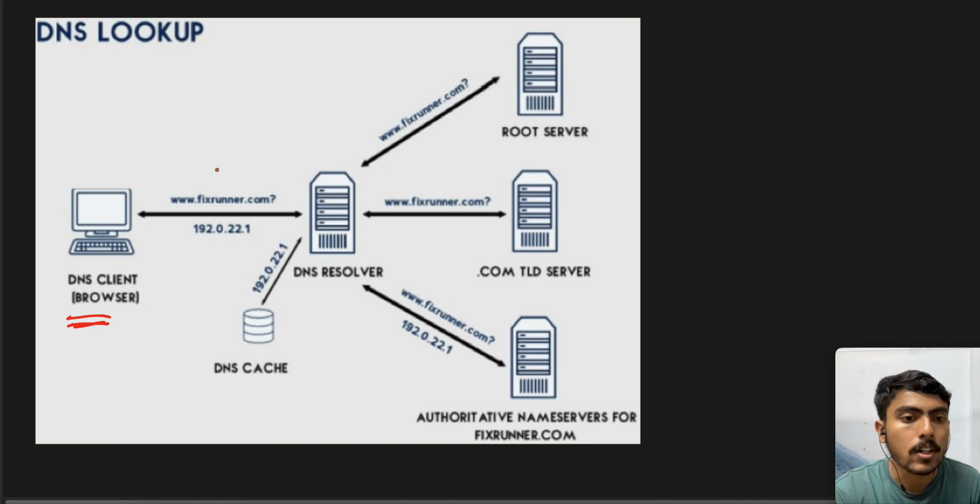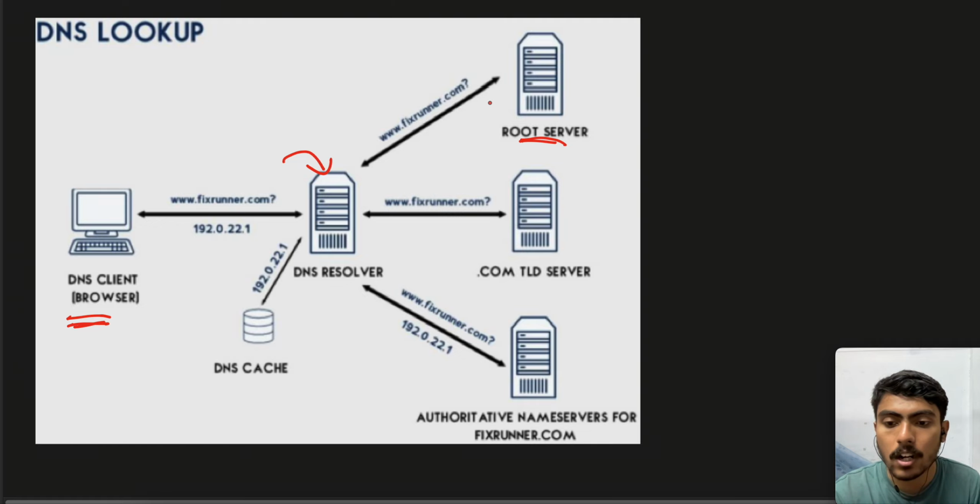We need fixrunner.com, and we will ask it to the DNS resolver. So what will happen is this DNS resolver will send this to the root server. The root server is the first server that the DNS resolver will contact for this domain, fixrunner.com.